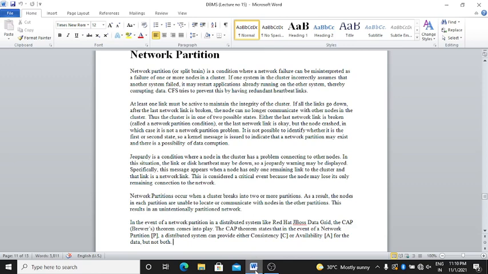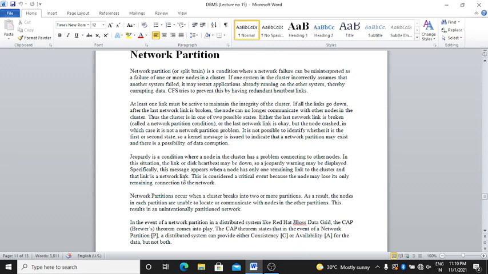Jeopardy is a condition where a node in a cluster has a problem connecting to other nodes. In this situation, the link or disk heartbeat may be down, so a jeopardy warning may be displayed.